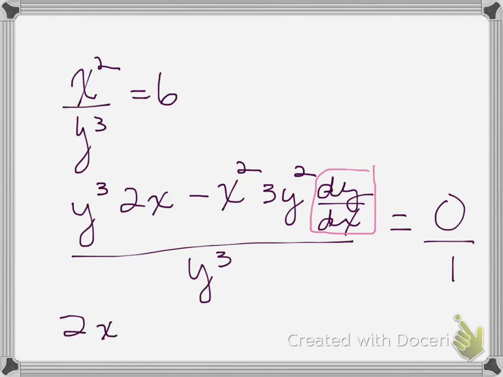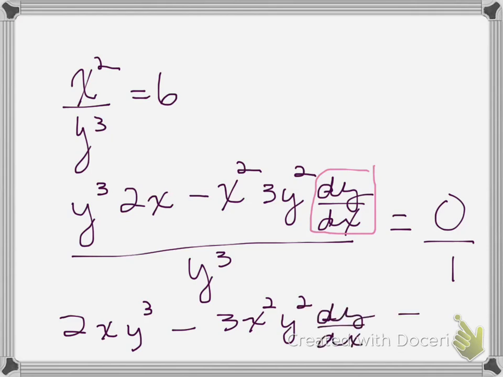So 2x y cubed minus 3x squared y squared dy/dx equals 0. Do you understand why that's the case? Okay, so make sure you're getting the algebra of this. Okay, so I'm going to move this again to the next page, and we will continue to isolate.